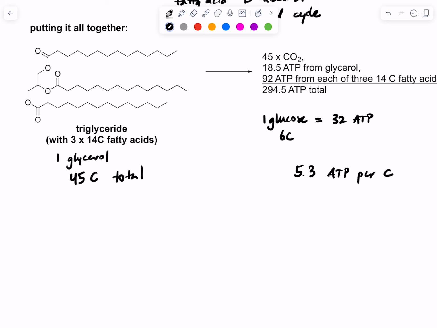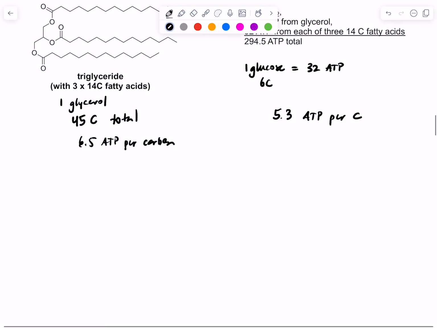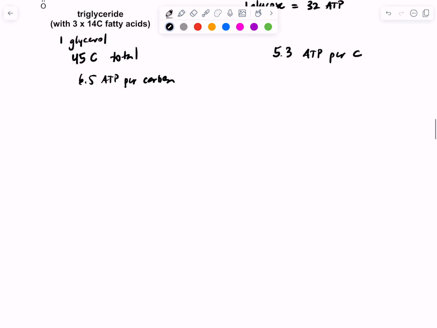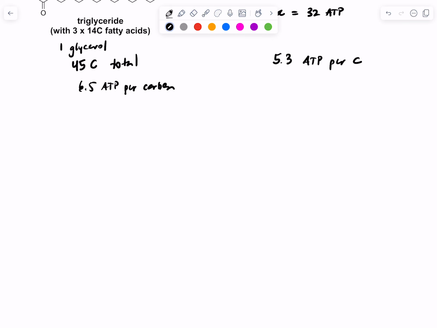Whereas for the triglyceride, 294.5 divided by 45 equals 6. So per carbon, it's just a little bit more efficient. If we think about mass, it's quite a bit more efficient.